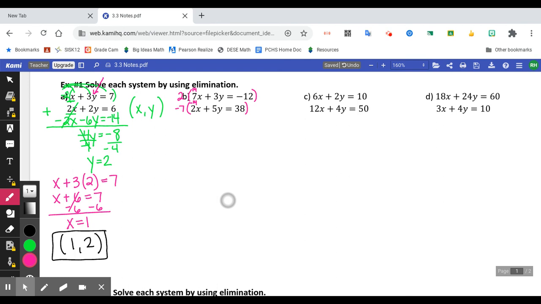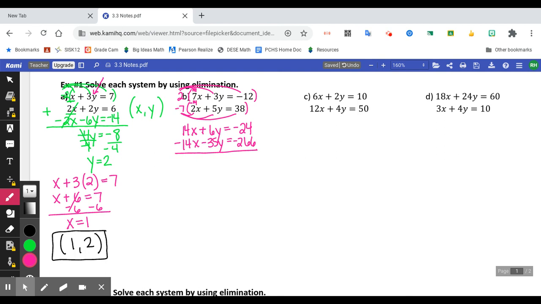So if I distribute 2 to everything inside of the top row, I'm going to have 14x plus 6y equals negative 24. Bottom row, I'm going to distribute negative 7 to all three. So I'm going to have negative 14x minus 35y equals negative 266.